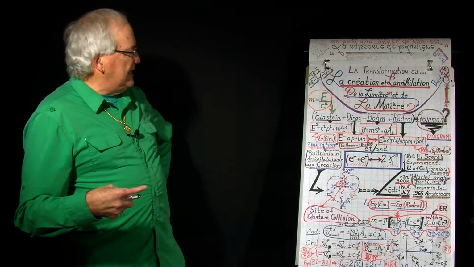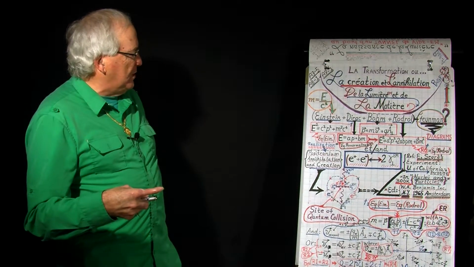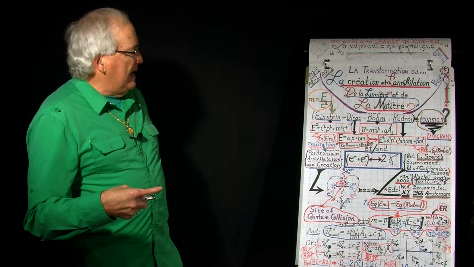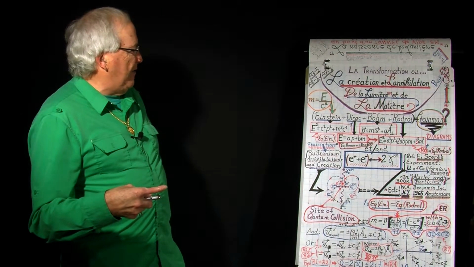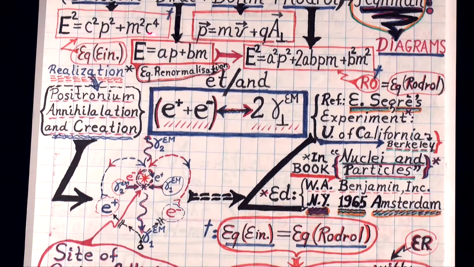I just realized that when you equate this equation with the parameters a and b introduced by Dirac, you equate this to this, which has the speed of light in both factors instead of a and b. When you equate this to this equation, after some calculation, here I said Einstein's equation equals Rodrol's equation.